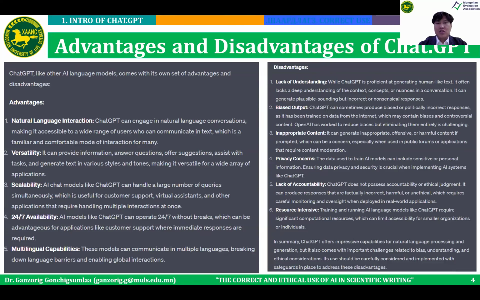So the disadvantages include biased outputs, some kind of incorrect, incomplete answers. And sometimes the content is inappropriate. So it can provide you harmful or prompted content, so you don't have to trust it.